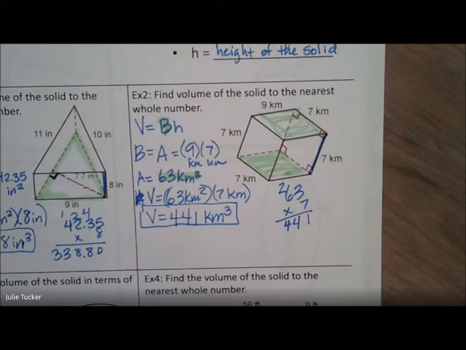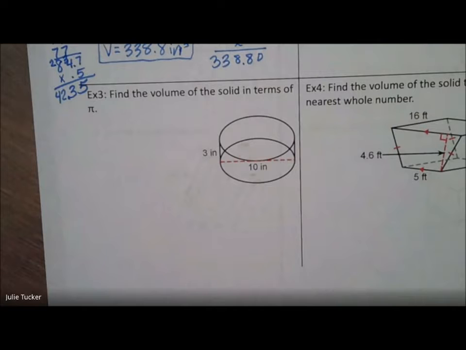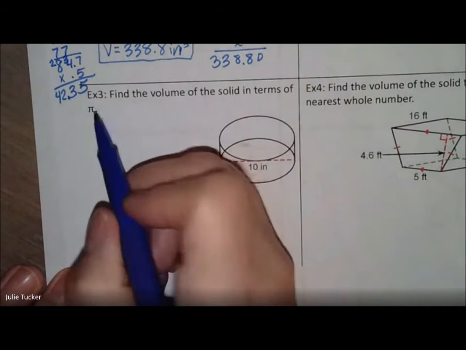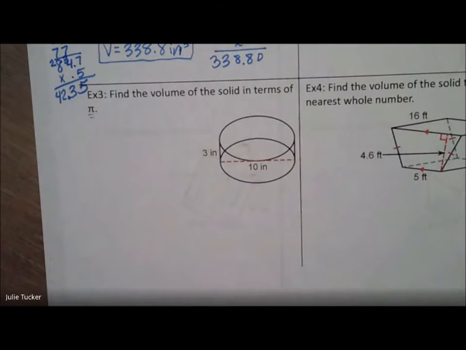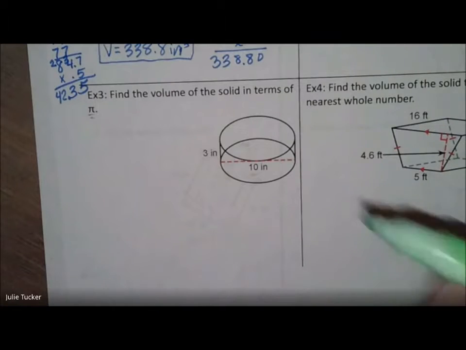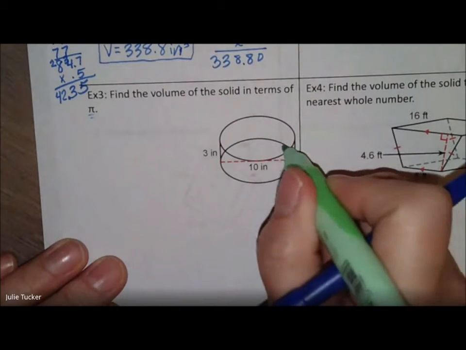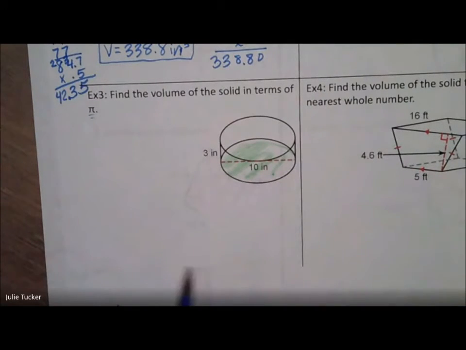All right, let's do another one. Find the volume of the solid in terms of pi. The circle is the base, right?